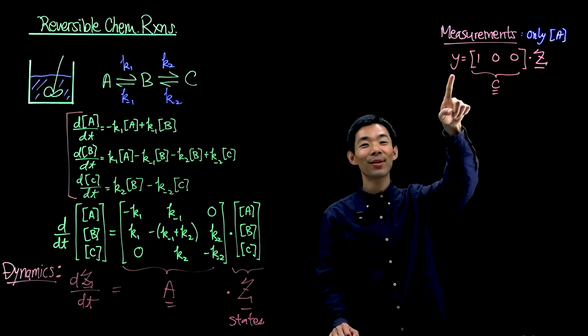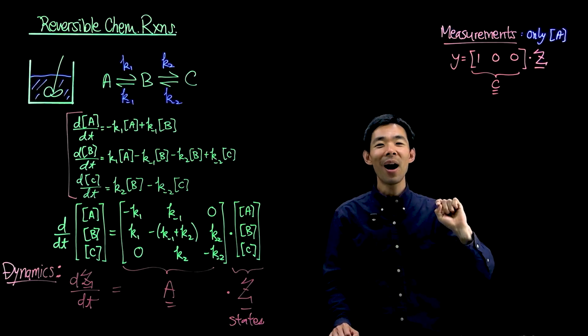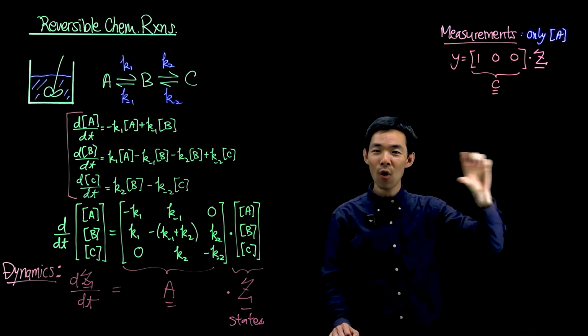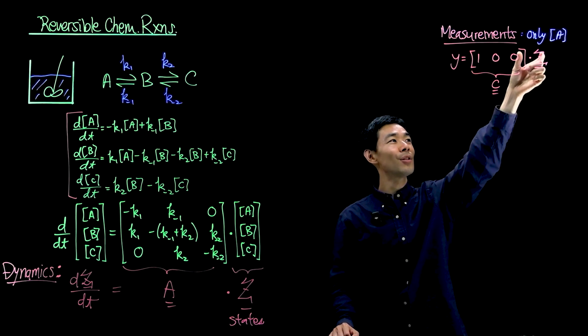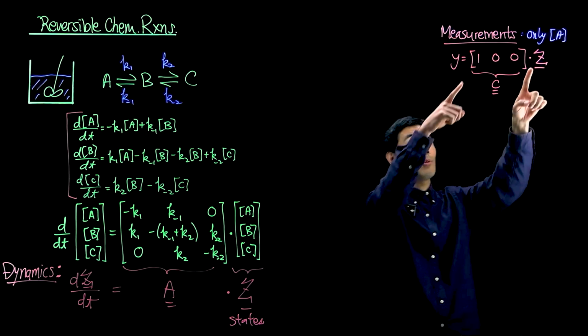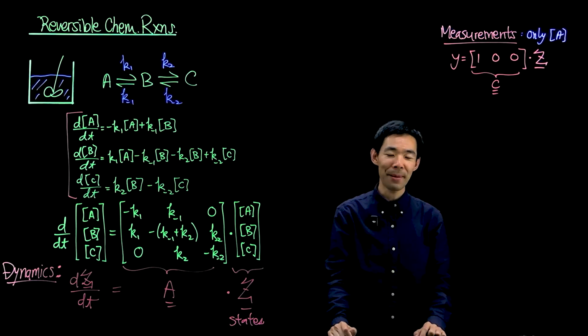Therefore, your measurements Y would just be this observation matrix, C, 1, 0, 0. It's just a row vector dotted into your states of A, B, and C concentration. And therefore, you would just pick out your first entry, which is just your concentration of species A.